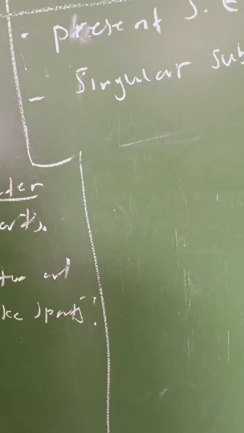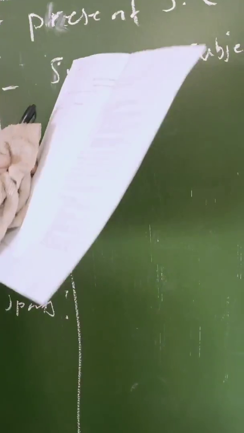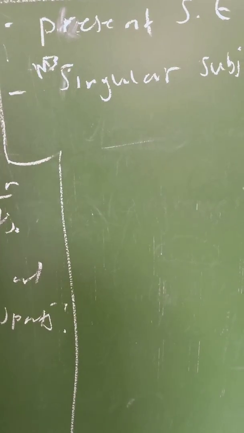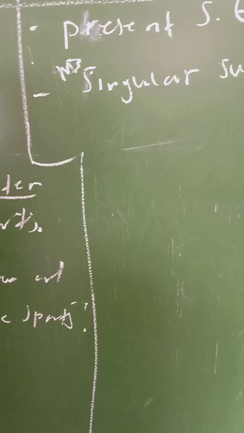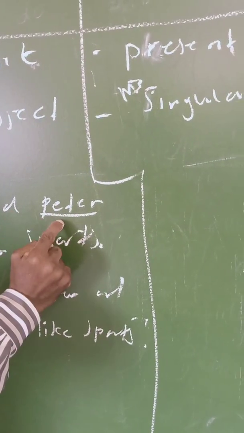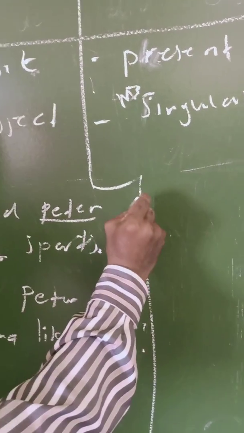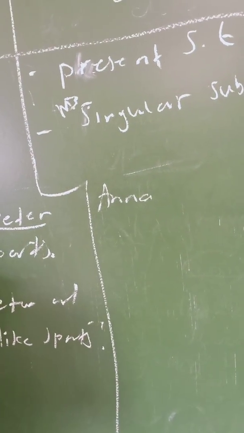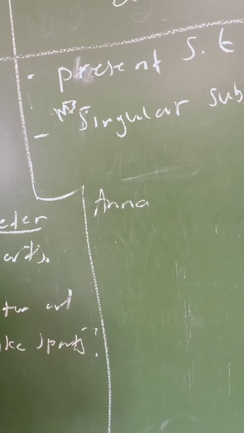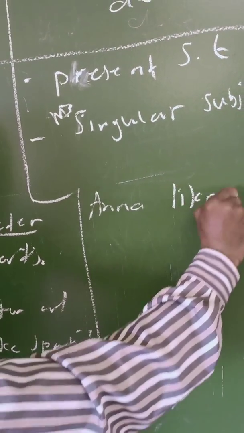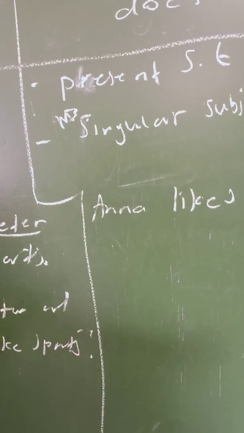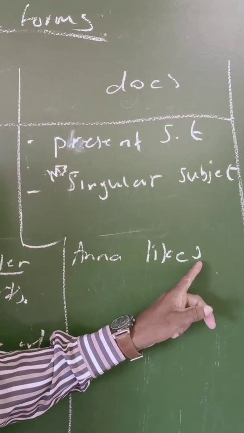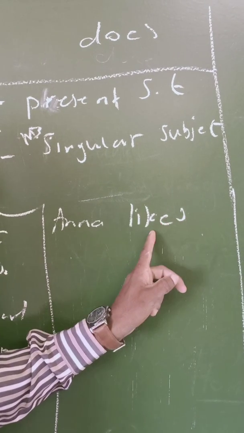Now, here, you use does. We are saying that you use does to ask a question only if the sentence is in present simple tense and, note, the subject must be singular. Let's take Anna, and this verb must be in the present, so it's going to be likes. The most important thing I would like to explain is that we are adding s to like.